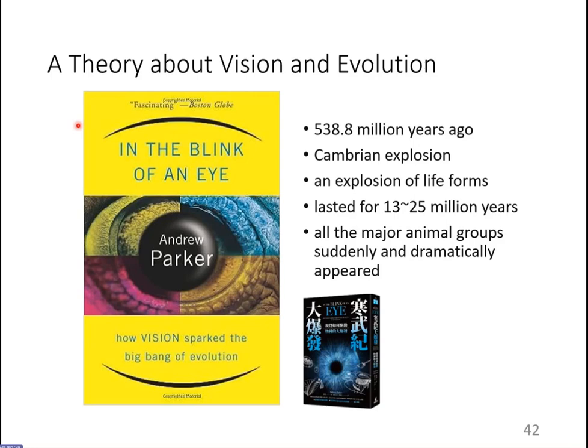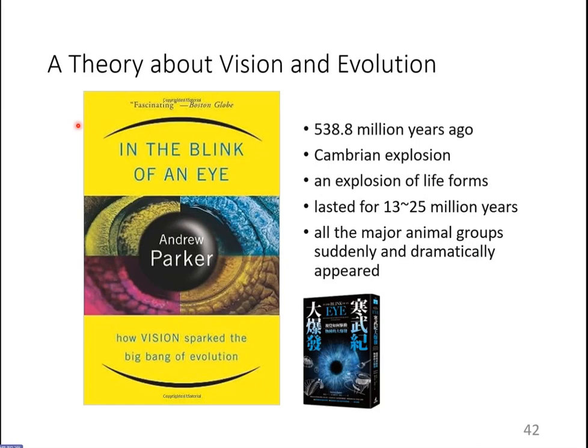You can still smell, and you can also listen. But without vision, what capability do you lose? The answer: you lose the ability to sense objects or your prey at a long distance.